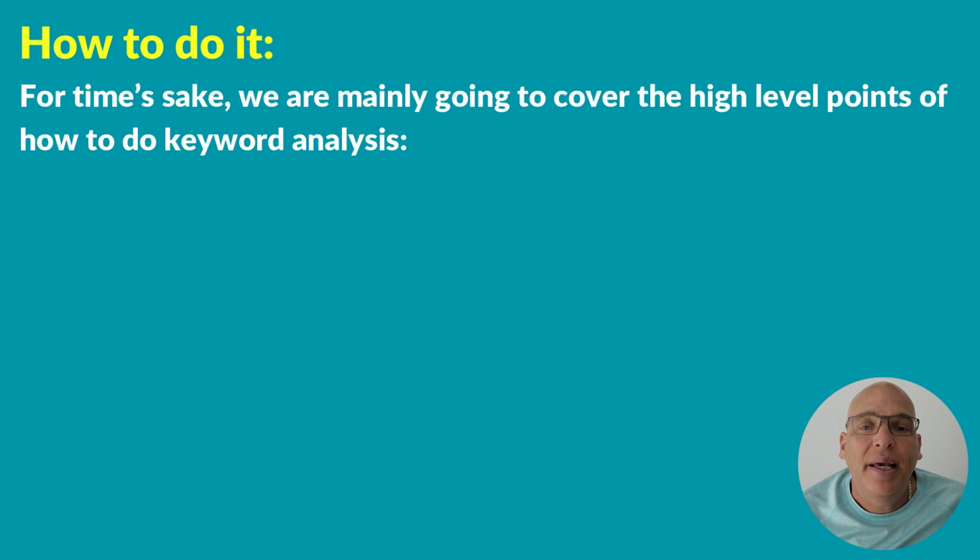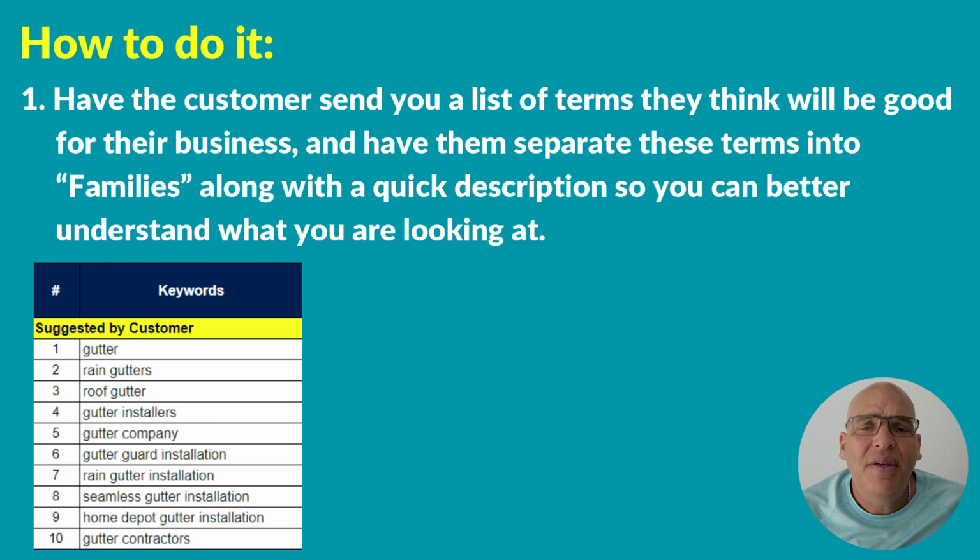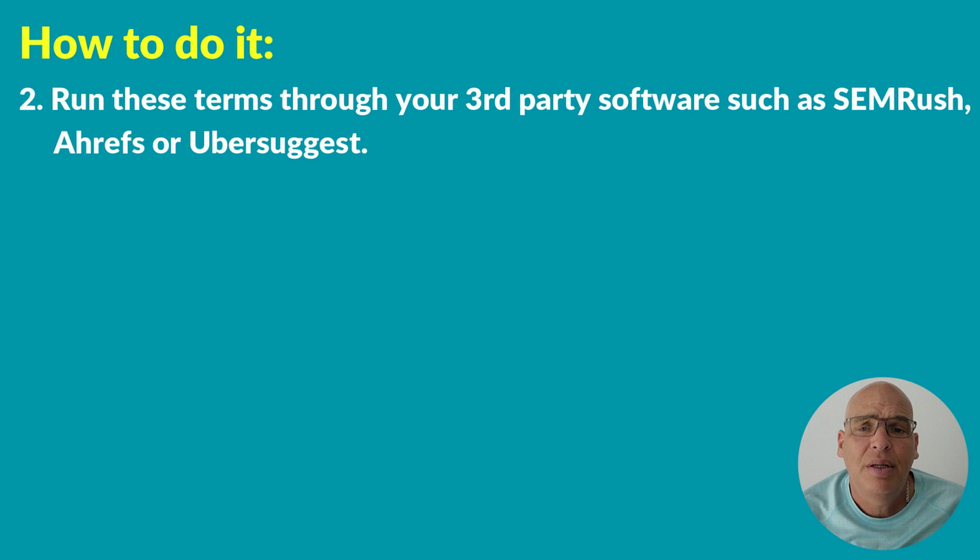For time's sake, we are only going to cover the high-level points of how to do keyword analysis. 1. Have the customer send you a list of terms they think will be good for their business and have them separate these terms into families, along with a quick description so you can better understand what you're looking at. 2.